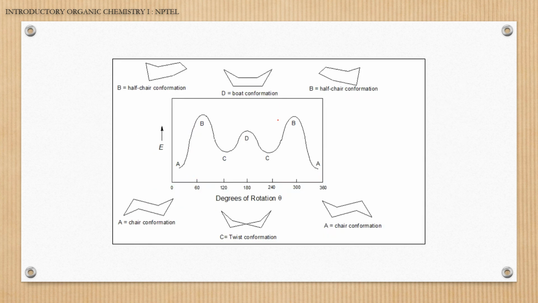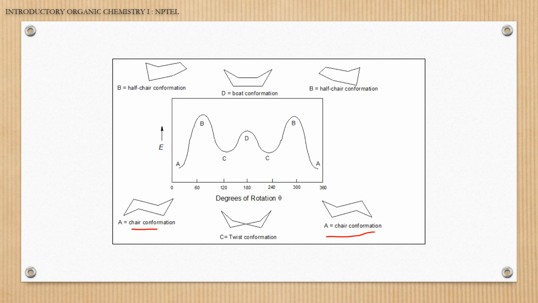First, this chair conformation goes to the half chair, then the twist boat, then the boat, and again the half chair conformation is formed, and then this ring flipped chair conformation is formed. So this is how it travels through an energy barrier, and these are all the conformations shown by a cyclohexane molecule, right?